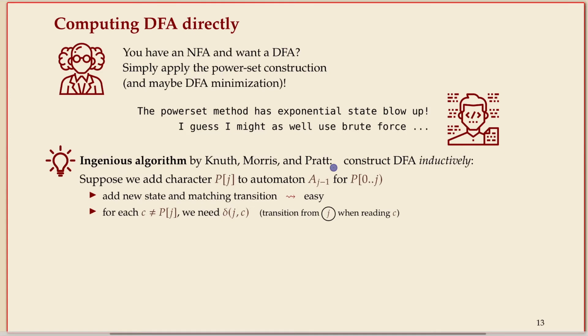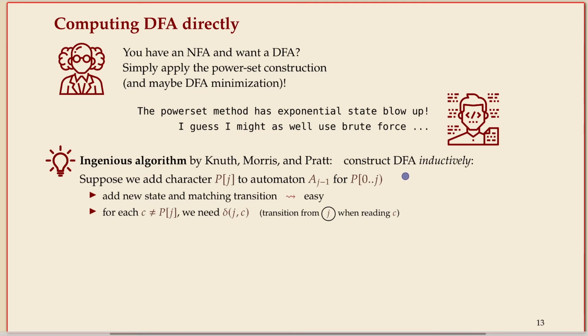But these 3 people, in essentially 2 independent ways, discovered that our string matching automaton is not a generic NFA. And indeed, if you apply this construction here, it doesn't actually lead to this exponential blowup. Or you can at least sneakily avoid it.